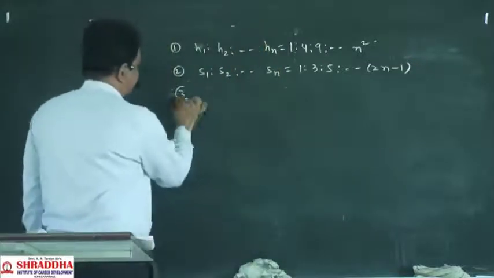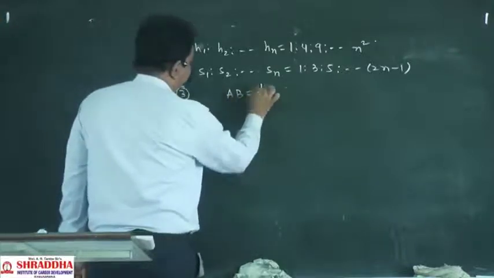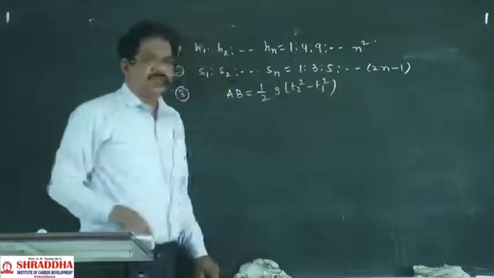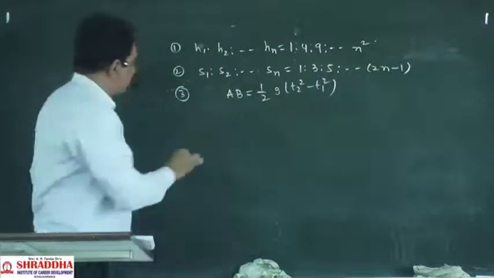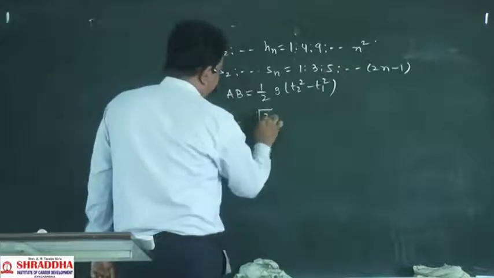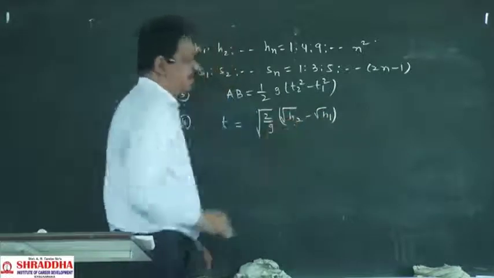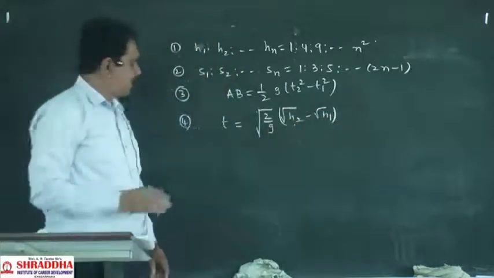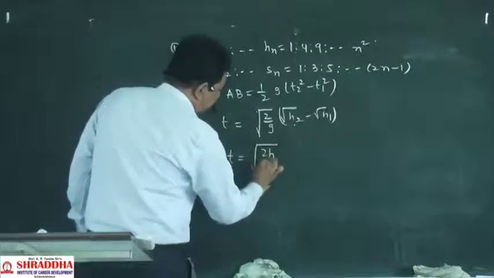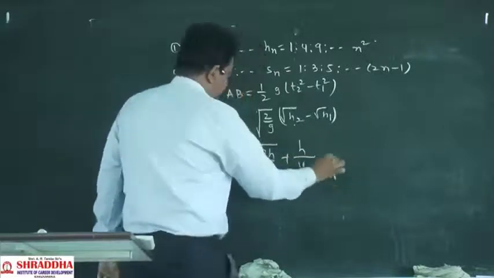Next, AB distance will be 1 by 2 G into T2 square minus T1 square. Time to come from A to B will be root 2 by G into root H2 minus root H1. Next, splash of sound problems, then T is equal to root 2h by g plus h by v sound.